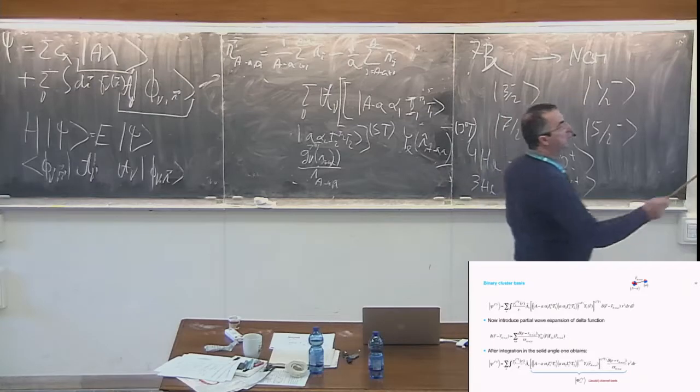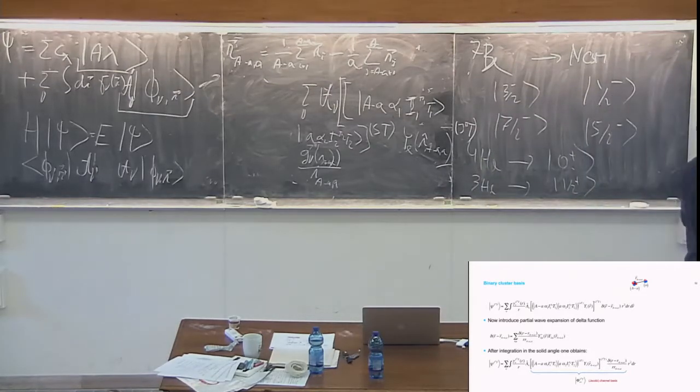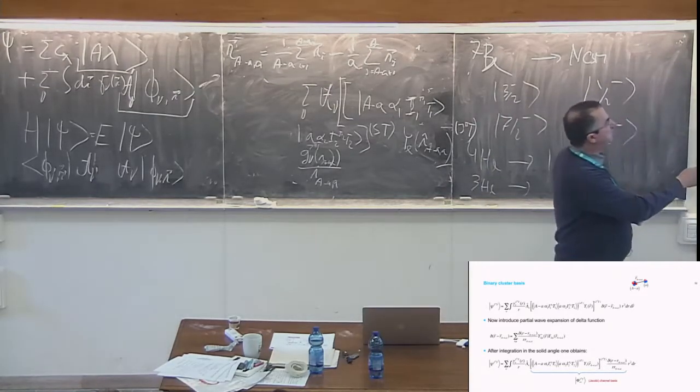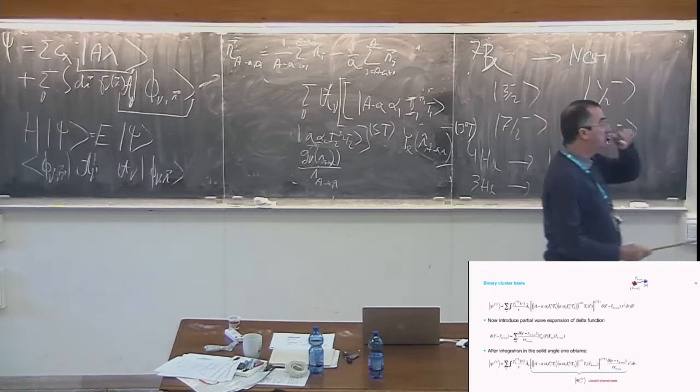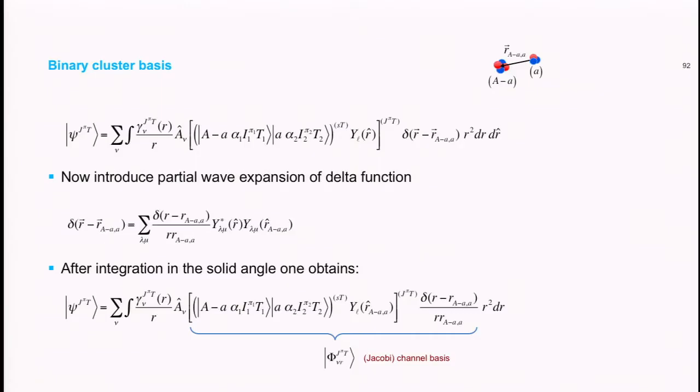Once we have this kind of object, we expand the Dirac delta in the spherical part and the angles, right? I hope that you are familiar with this type of equation, where you expand the delta in terms of spherical harmonics and the radial part.